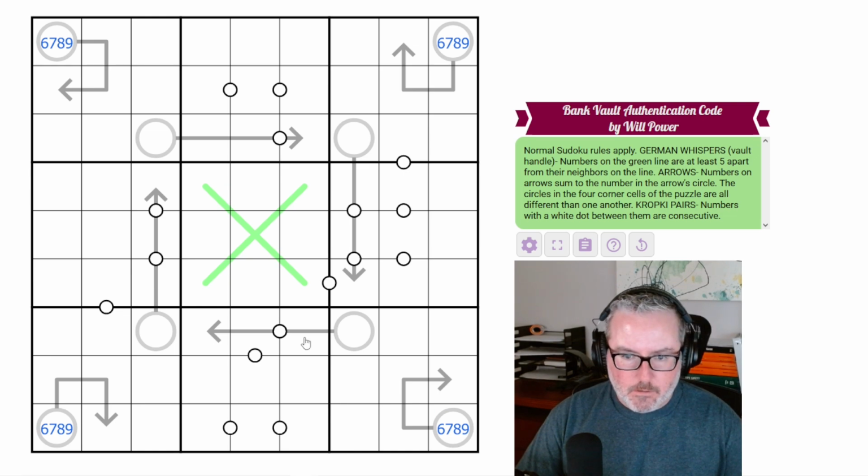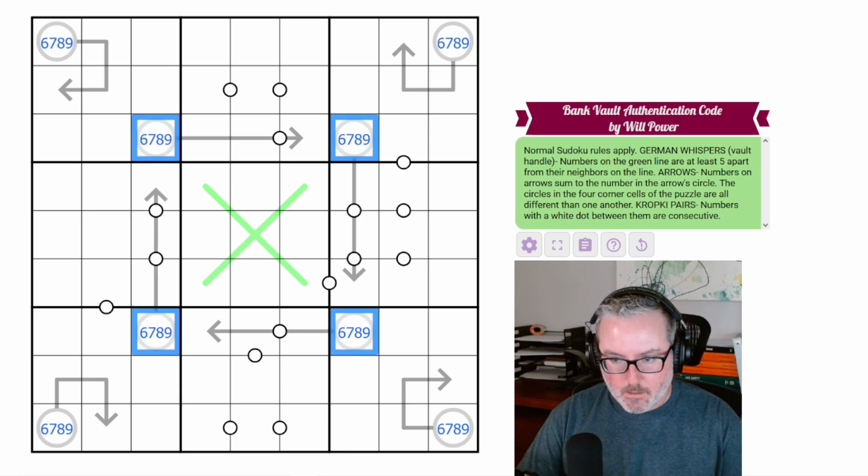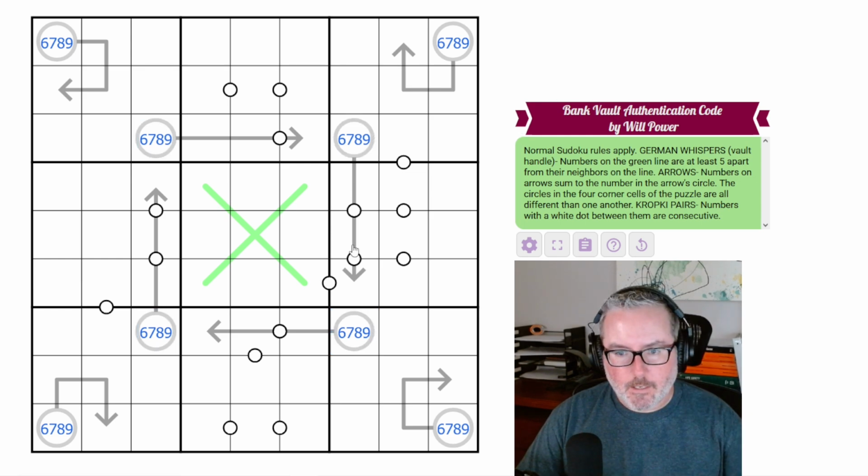So what else do we have? We also know that all of these are 3-cell arrows, so they have to be from 6, 7, 8, 9. And then if we look at some of the stipulations as to what can work on Kropki dots, we're going to be able to reduce our options here.